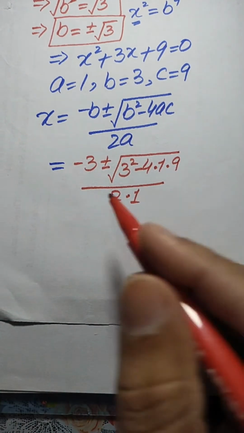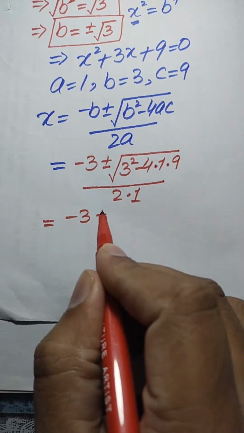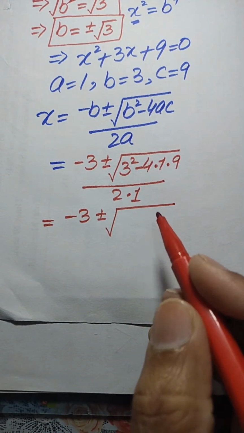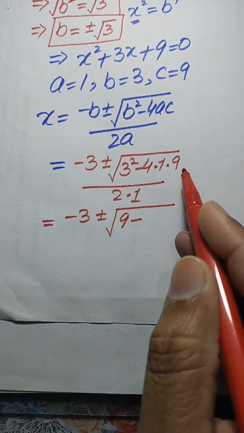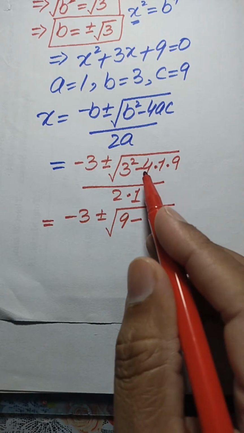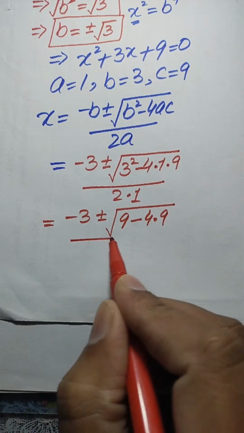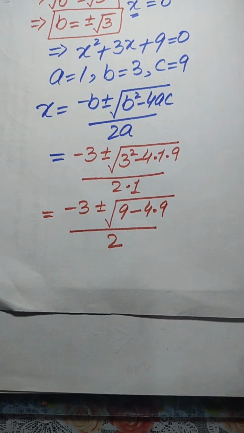In the next step we need more simplifications, and it becomes minus 3 plus minus square root of 3 square, and 3 square becomes 9, minus 4 times 9. Here 4 times 9 we write as it is, 4 multiplied by 9, and it is divided by 2 multiplied by 1 equals 2.